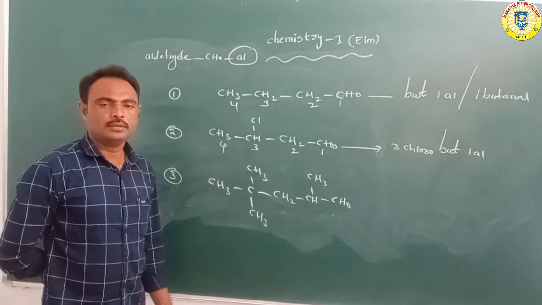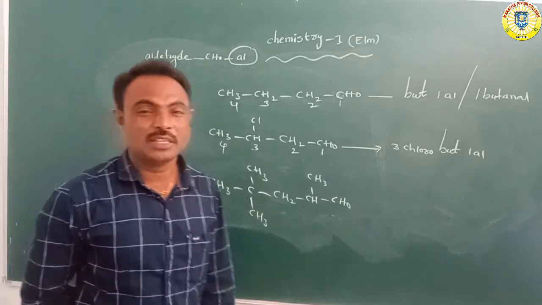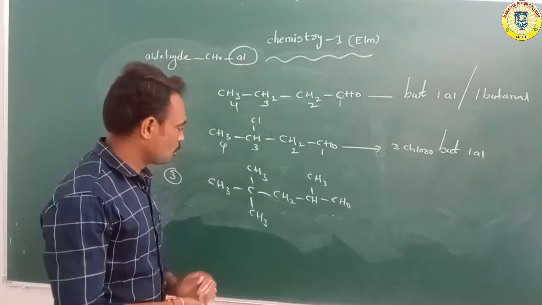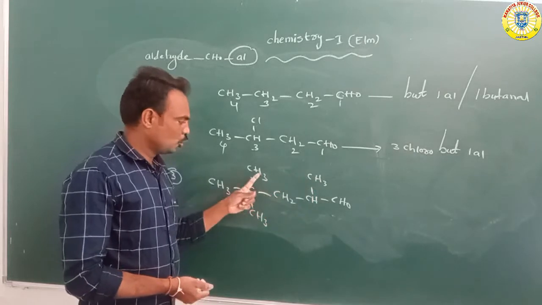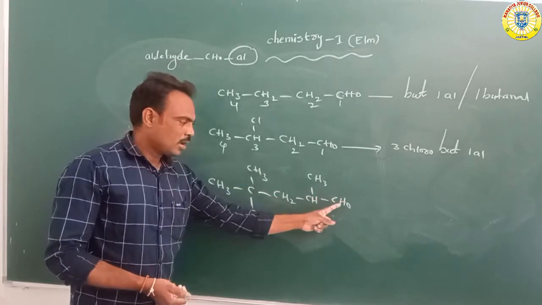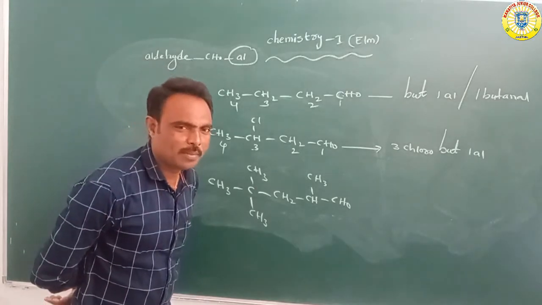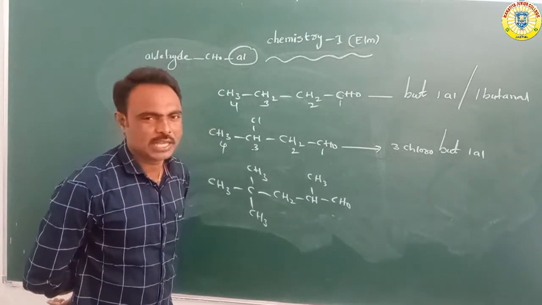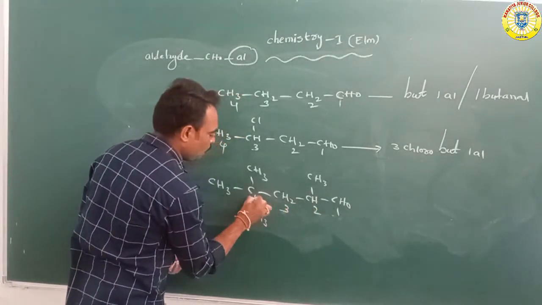Next, the third one. This carbon compound is a long chain attached with 3 alkyl groups, 3 methyl groups, and one aldehyde function group, CHO. So we give the numbering from the aldehyde function group side: 1, 2, 3, 4, 5.